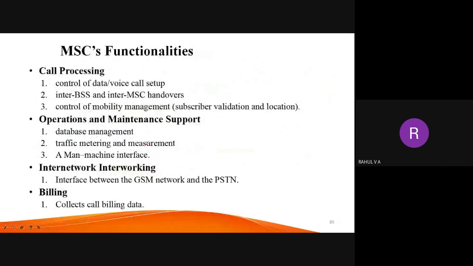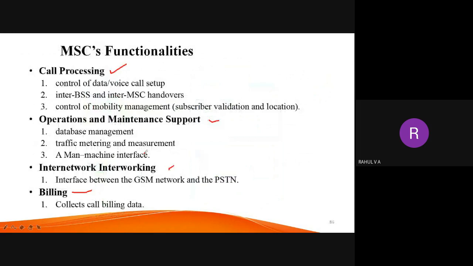So what functions will the MSC do? It will do call processing. When you are dialing, it will find out where the other person is, and it will establish a connection between you and the other person. Then operations and maintenance support, then interworking, then billing. All these functions are handled by the MSC.